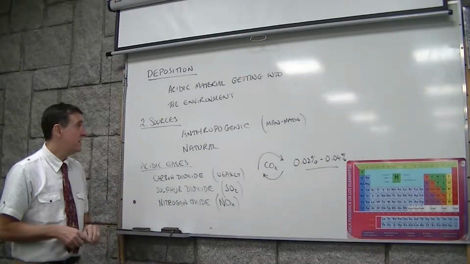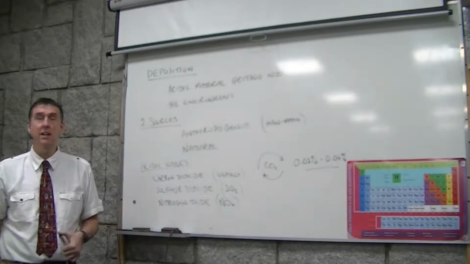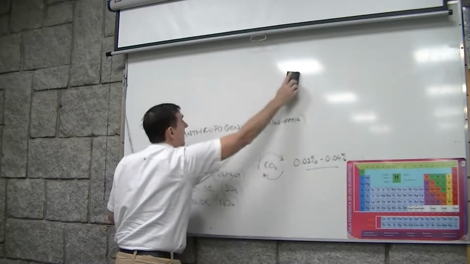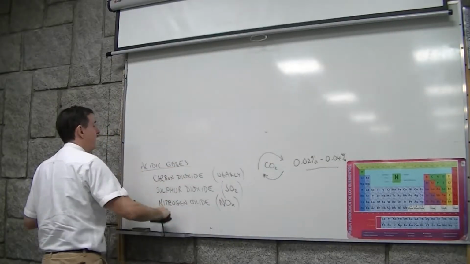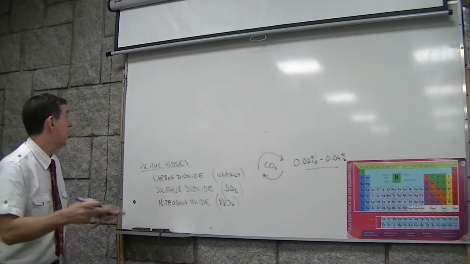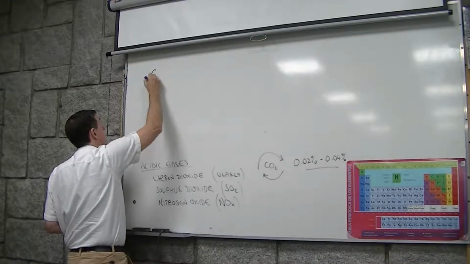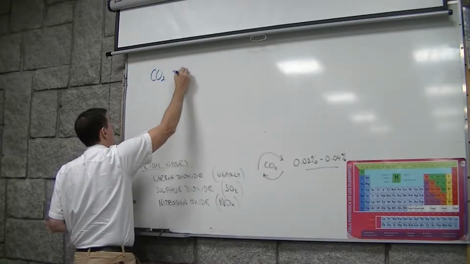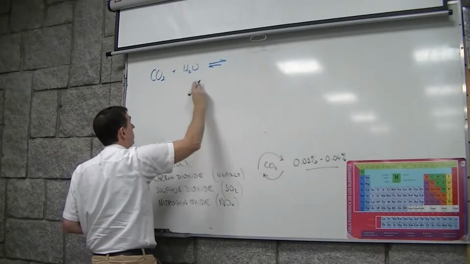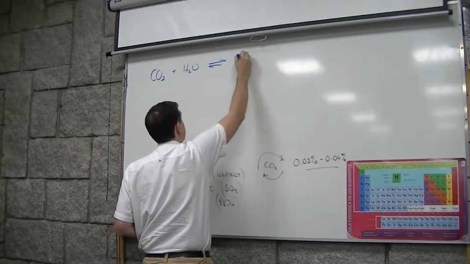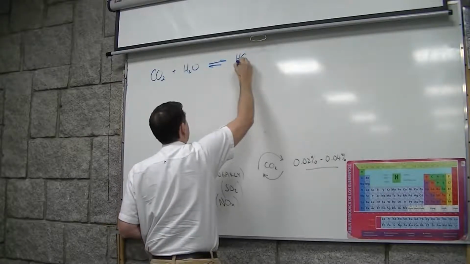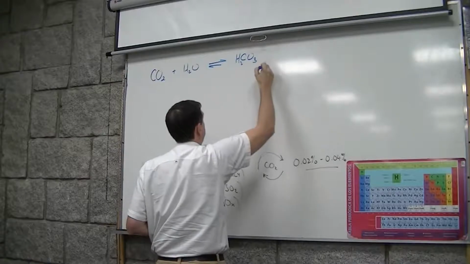Okay, that's probably the next thing we should mention. Why are these acidic gases? How do they interact with water? So, we all know that our definitions of acids, or the simplest definition, the Arrhenius definition, is something that produces hydrogen ions in solution. And so if we have a look at these, carbon dioxide, CO2, interacts with water, H2O, in an equilibrium, and first we get H2CO3.